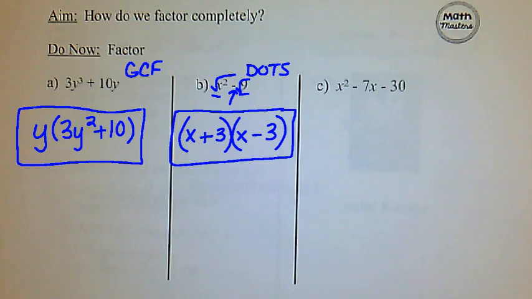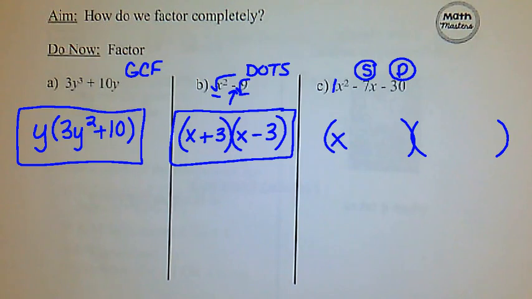And lastly, we have a trinomial. When you see trinomials, especially when they have a 1 out in front, first look for a GCF. This one does not have a GCF. So we are just going to say, what is the product of negative 30 and the sum of negative 7? Open up those 2 parentheses.